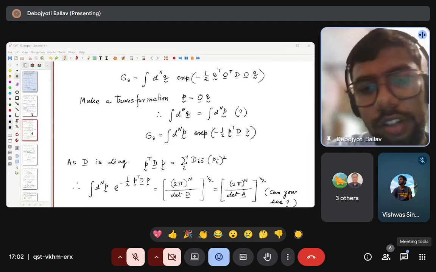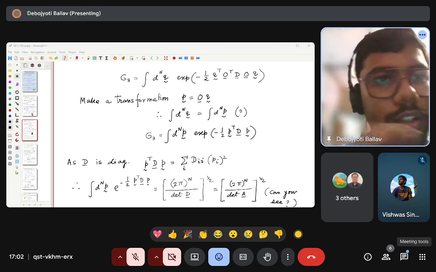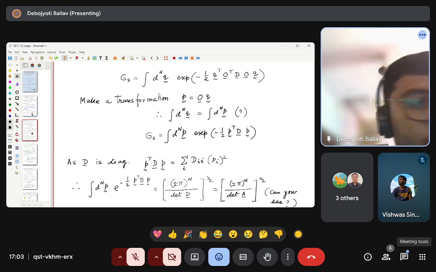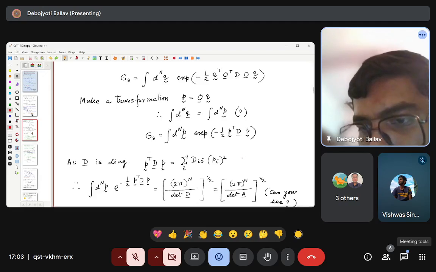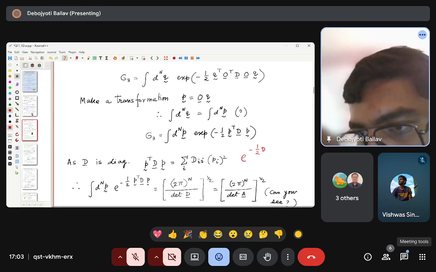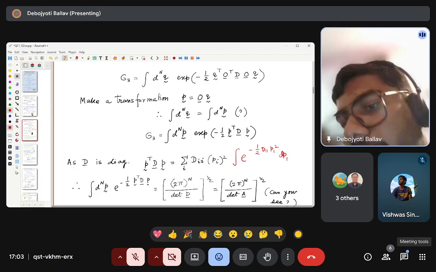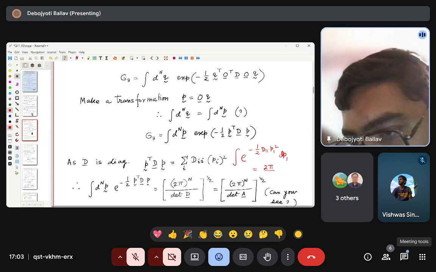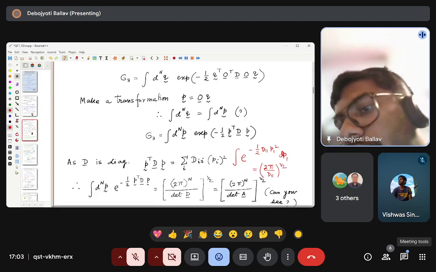Let me give you a glimpse. You have a factor like exponential of minus half d11 p1 squared, integrated over dp1. This is just your usual Gaussian integral, so you get 2 pi by d11 to the half. This will be your answer.